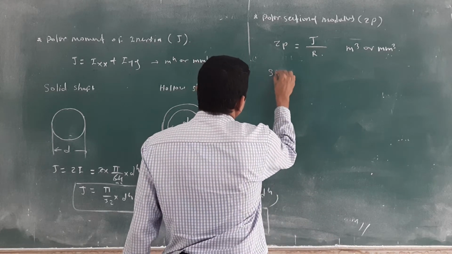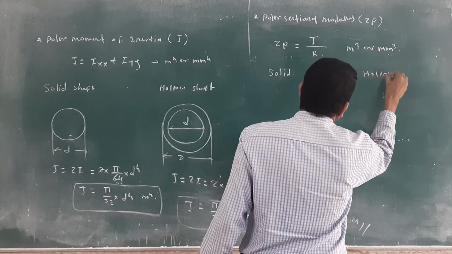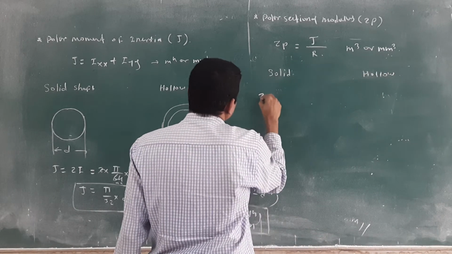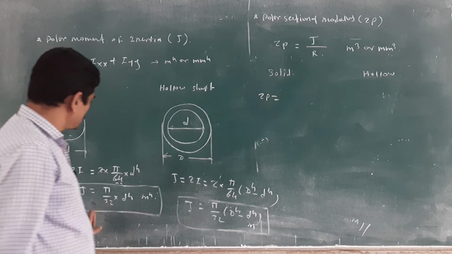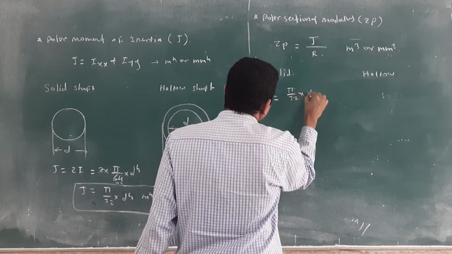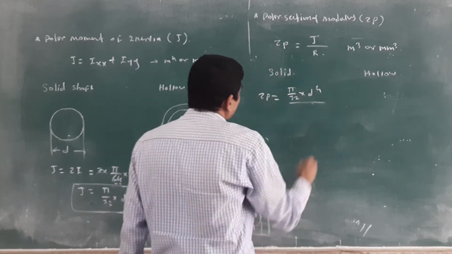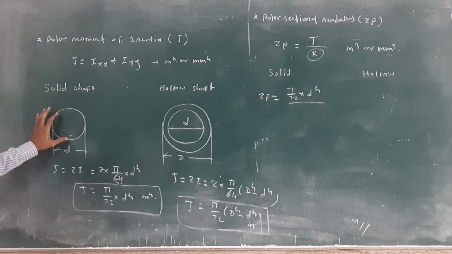Again, you can calculate the ZP value for the solid and hollow shaft. Okay, what is ZP? ZP is equal to, already we have calculated the J value. What is the value of J? Pi by 32 for the solid into d raised to 4. What is the value of R? Yes, for the solid, what is the radius value?